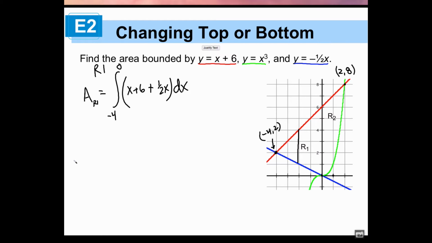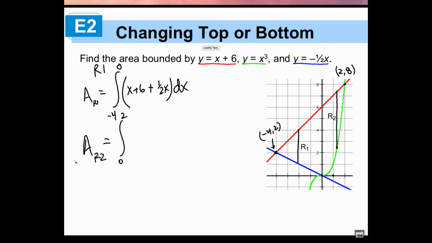Nice job. Casey, you got the second region. What am I going from what to what? 0 to... Perfect. I'm going to draw my representative rectangle over here.